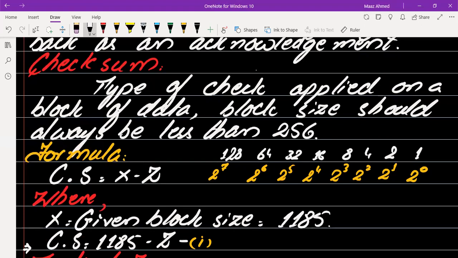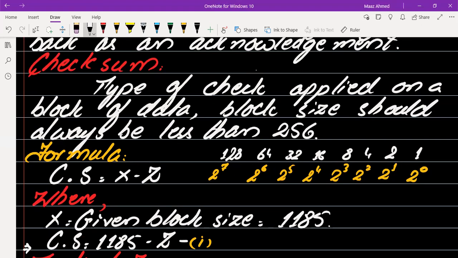That means from 2 power 0 till 2 power 7, I have utilized 8 bits. And I said that block means multiple bytes. So a single byte contains 8 bits in all. So what will be the value if I add all these values 128, 64, 32, 16, 8, 4, 2, and 1? What will be the maximum value I will be getting?